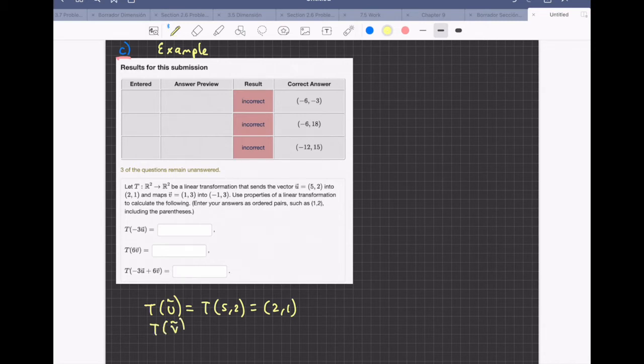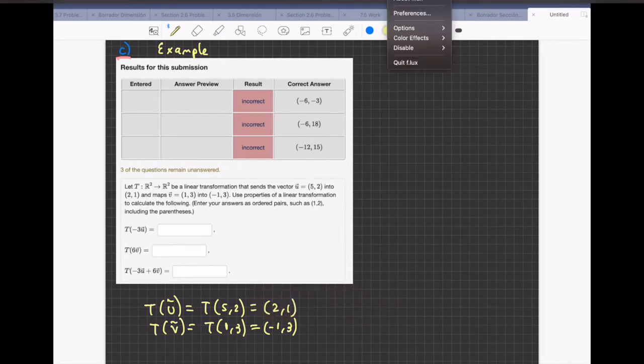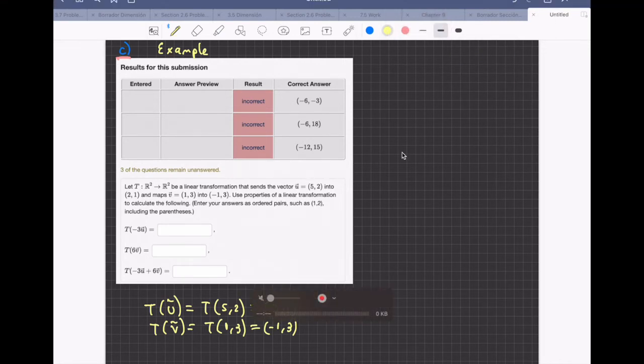And T of v, that is T of (1, 3), is equal to (-1, 3). This is what we know from the information given here. It maps (1, 3) into (-1, 3), so when you apply the transformation to (1, 3), it returns (-1, 3).